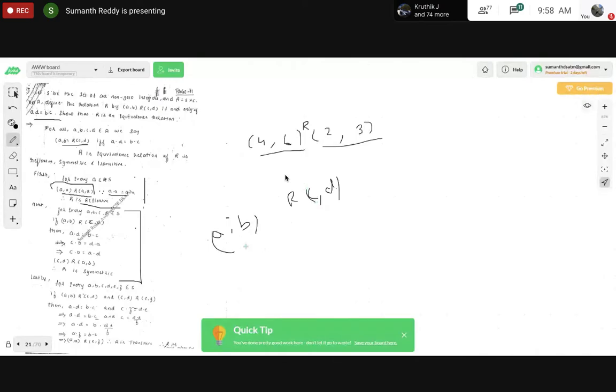So if this condition is satisfied, then only (c, d) should be related to (a, b). First I will assume one part, that is (a, b) is related to (c, d). And (a, b) is related to (c, d) only if the product of the external elements is equal to the product of the internal elements, right? Then only I can tell they are related. So based on this condition, I will take a into d is equal to b into c.